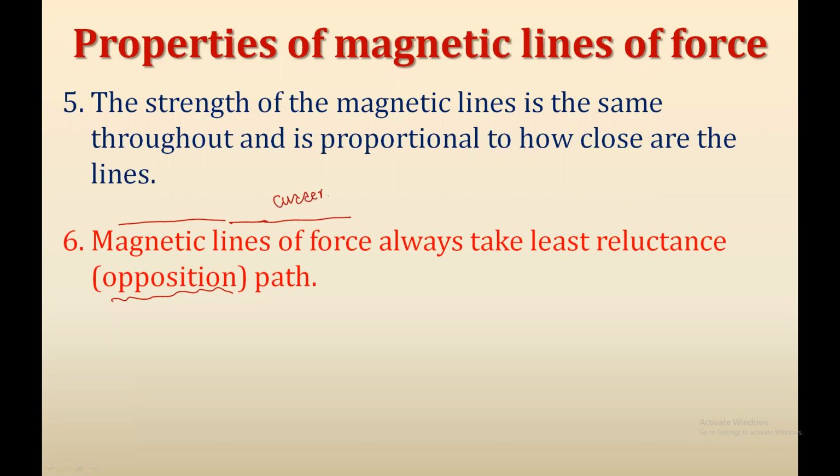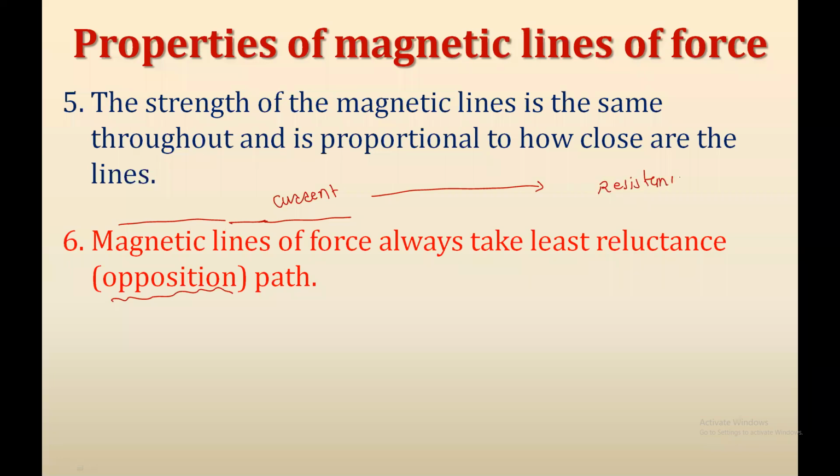It means current is analogous to the magnetic lines of force if you compare the electric and magnetic circuits. Now, what is the opposing part to the current flowing in the DC electric circuit? We call it resistance.